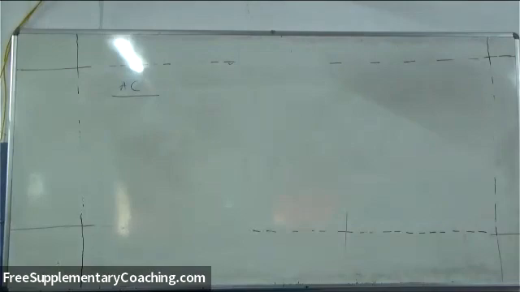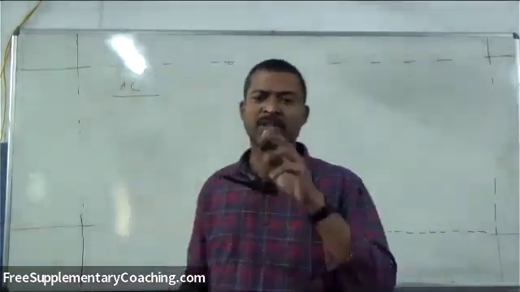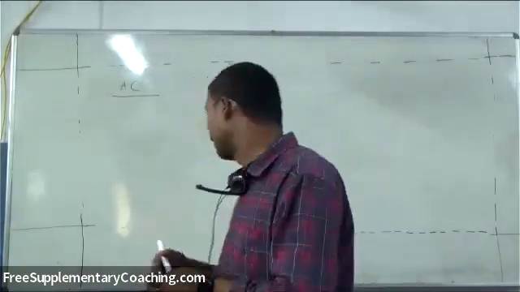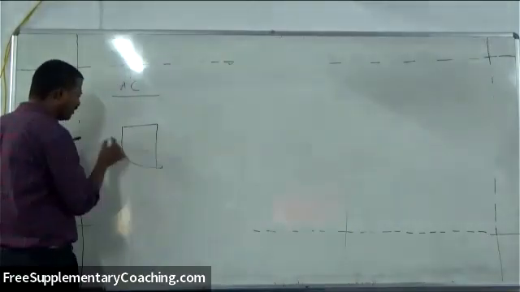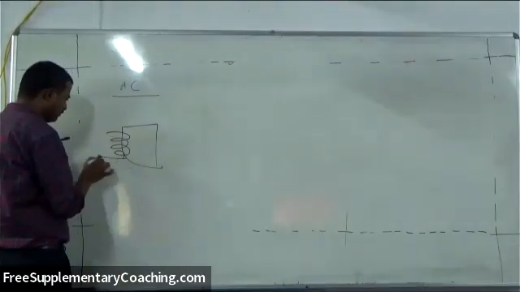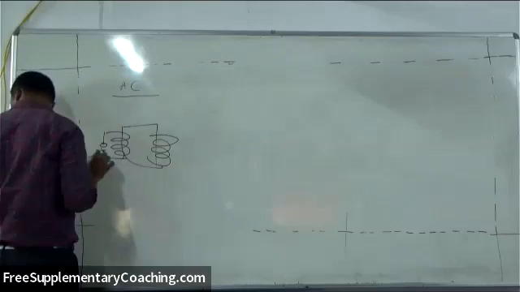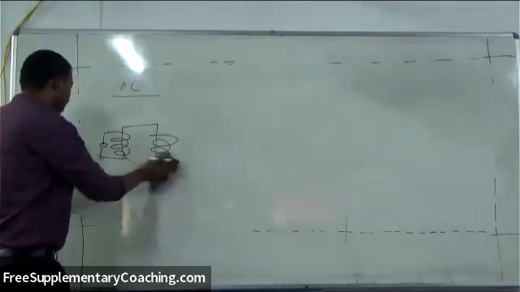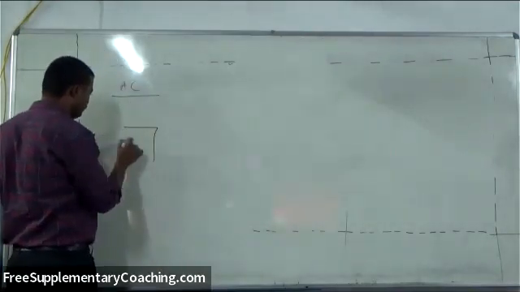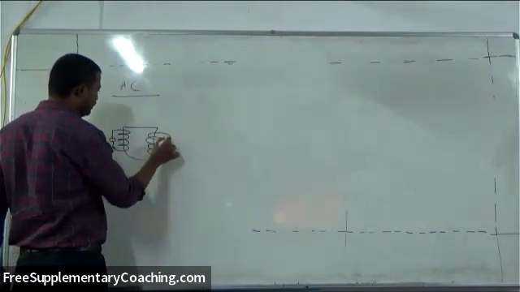What is the phenomenon involved in the working of a transformer? Or simply, the principle of transformer. You know that in a transformer, a primary and a secondary coil will be there. This side the primary coil will be there, and here we have the secondary coil.